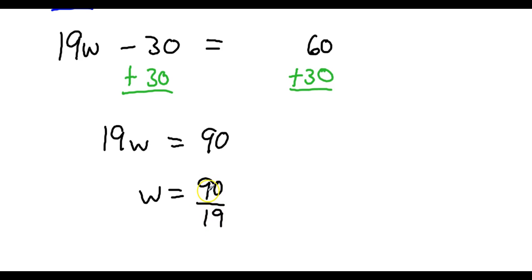So unless 19 goes into 90, which it doesn't, that's your answer. Again, you don't have to make it into a mixed number. You don't have to make it into a decimal. As long as it's a fraction in either improper or proper form, as long as it's simplified down, that's all you have to put.